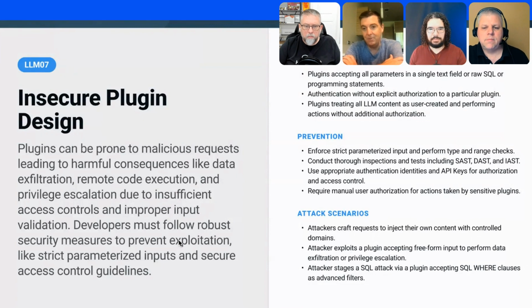Well, no, you may in fact be getting piped output from somebody else's plugin that's put in a chain. So you need to be very aware of the trust level you're assigning to the data that you're getting passed and where you think you're passing that data back to, because you may be passing that on to some other plugin.